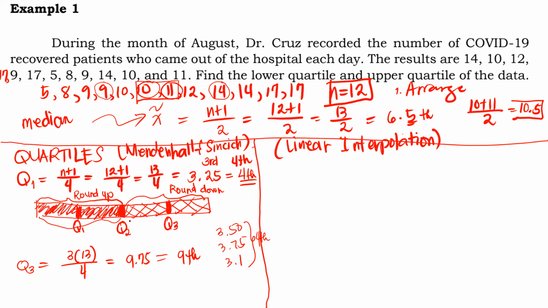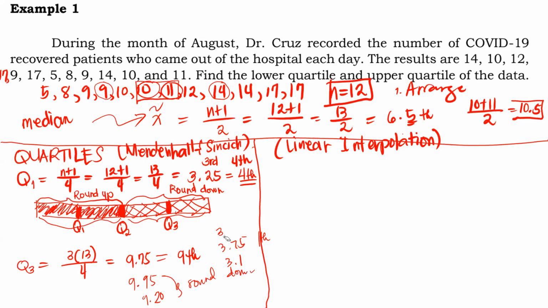While if your data is here, you round down, whether it's 9.95 or 9.20. Okay? So that's what it means.